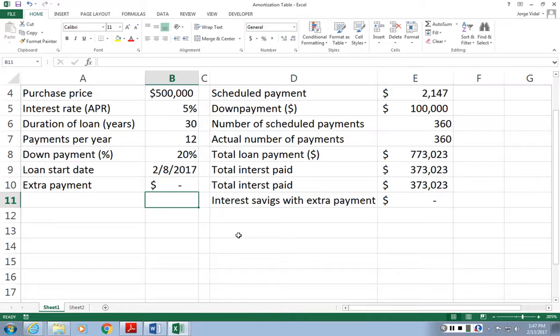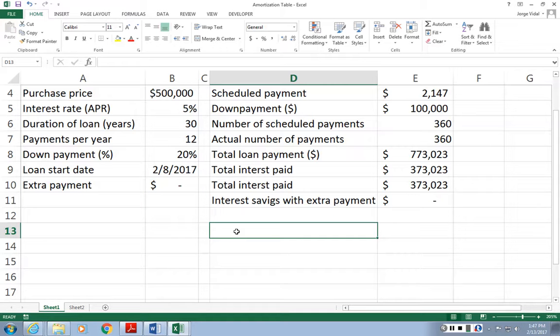Also, in the output section, we'll do the following. I'm going to show you a few more commands for loans specifically. What are they? For this, let's call this section total interest / principal between payments.